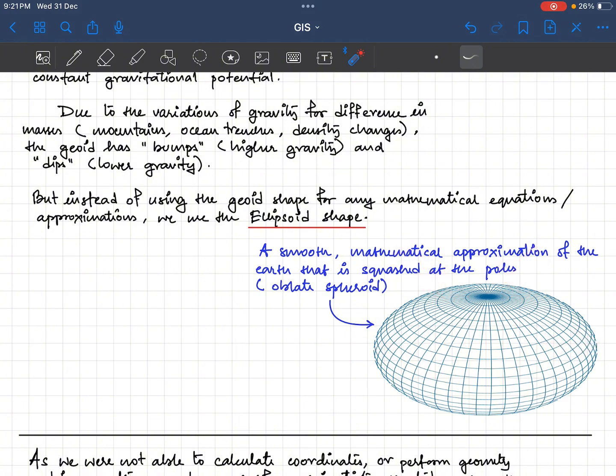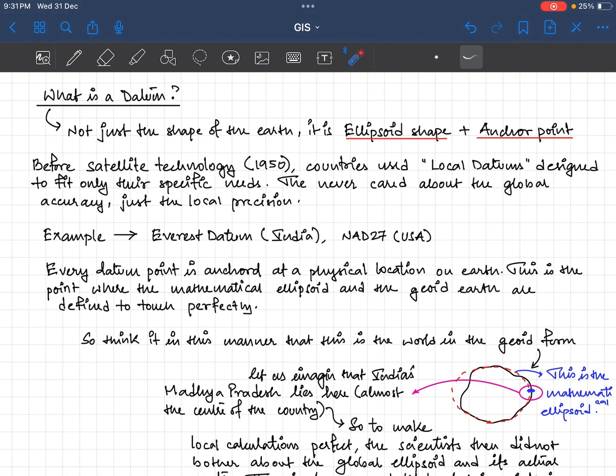So now let's talk about datum. So what is datum? Datum is the ellipsoidal shape of Earth plus an anchor point. Now we come across a new term called anchor point. So we'll talk about this, no issues.